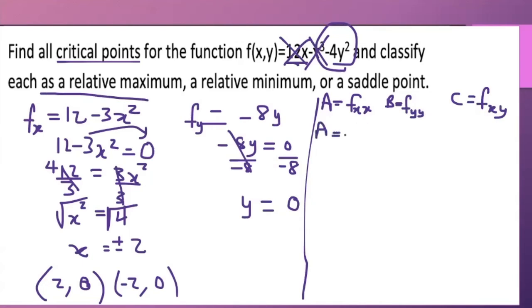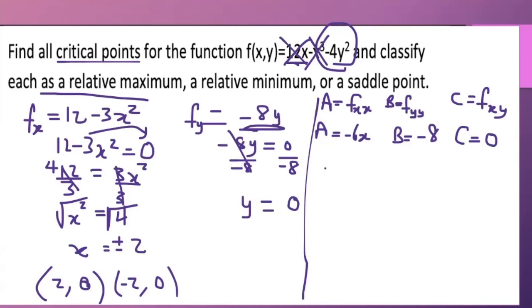So A is equal to minus 6x. The next is B, fyy. I differentiate this once more with respect to y, so that will give me minus 8. The final one is C, where I differentiate with respect to x, then y. But I already have it with respect to x, so I just need to differentiate it once more with respect to y, but there's no y here, so therefore I will have a 0.